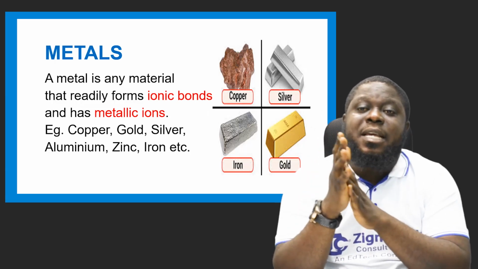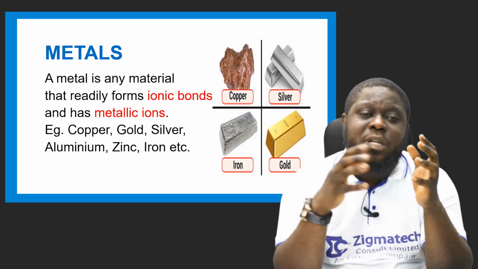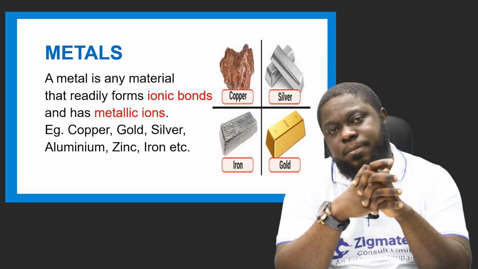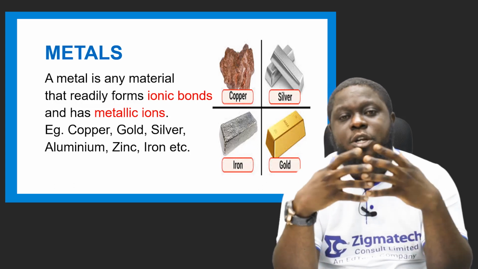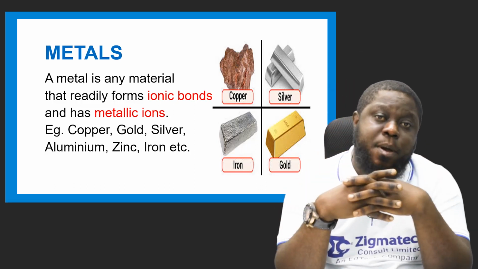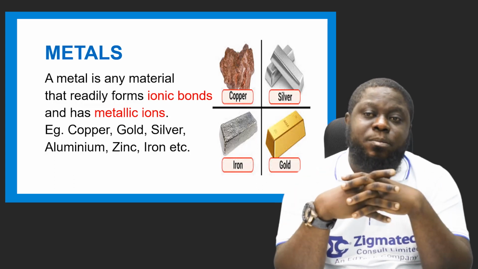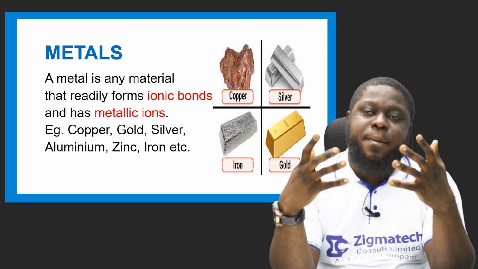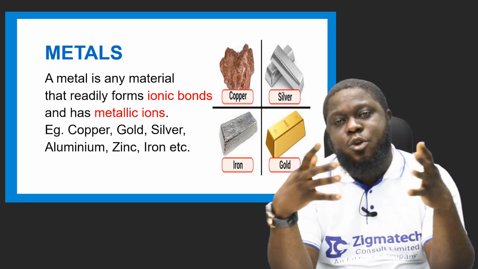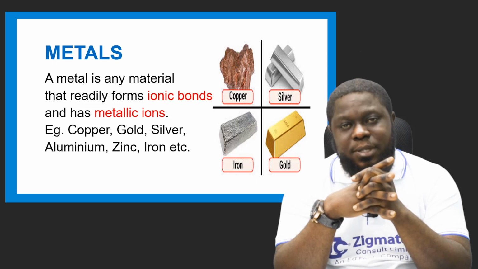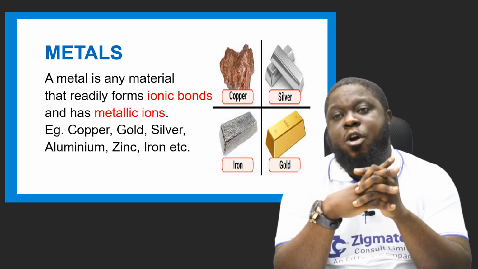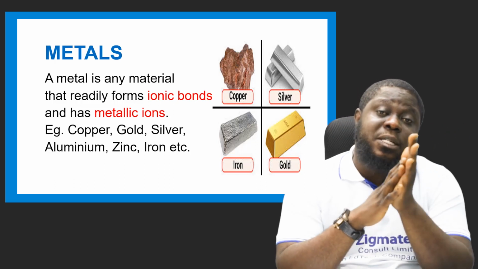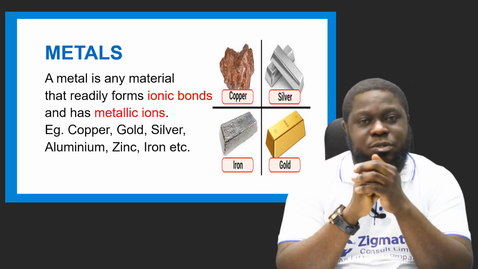Now, they say it has metallic ions. Metallic ions are the bonds or relationship between two metals. Okay, relationship between two metals coming together to form a bond, coming together to form charges. Okay, let's take for example copper and aluminum. When you put them together, they will definitely form charges because both of them are positively charged. The positive charge ions still have a little bit of electrons.